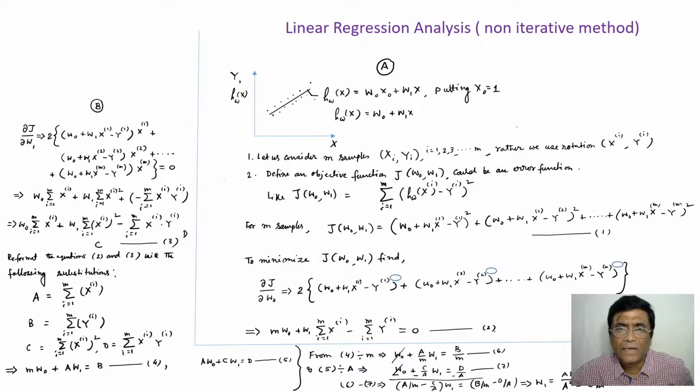How to test? You have set aside some data out of 500. 70% of the data means 350 you have used, 150 you have kept. You have kept means for that also, for each x, ground truth is known to you.